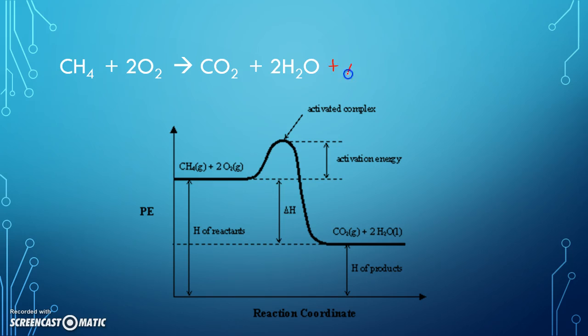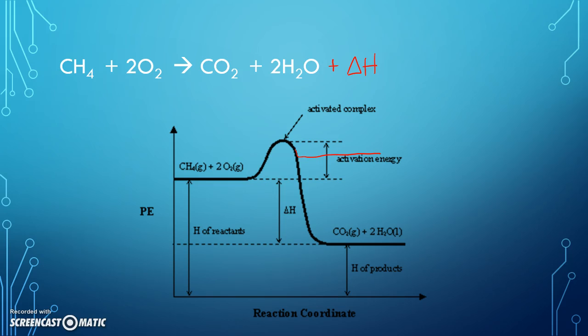So my energy is with the products because they're lower in energy. If this was an endothermic reaction, this line here would be up here. So this would go up and go to here, and the energy of my products would be higher than the energy of my reactants. But that would be for an endothermic reaction.